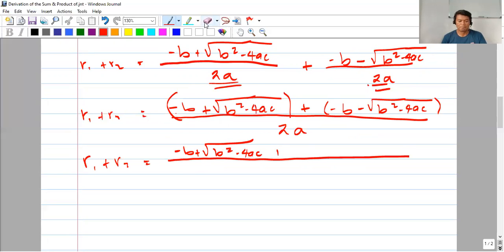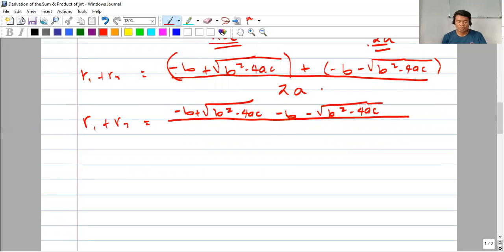Positive times negative b is negative b. Positive times negative the square root of b squared minus 4ac is negative the square root of b squared minus 4ac. We divide it by 2a, and r1 plus r2 is equal to, so negative b plus negative b is negative 2b.